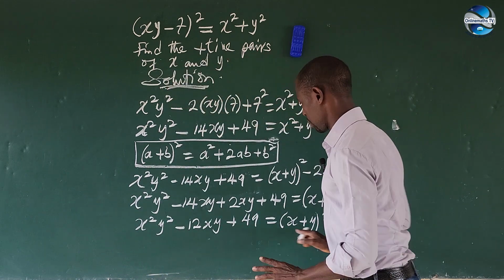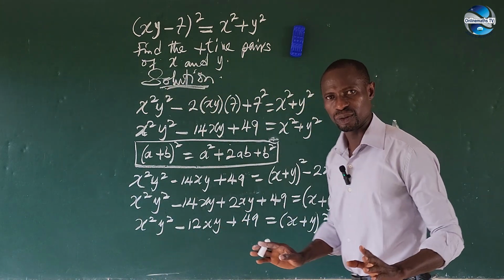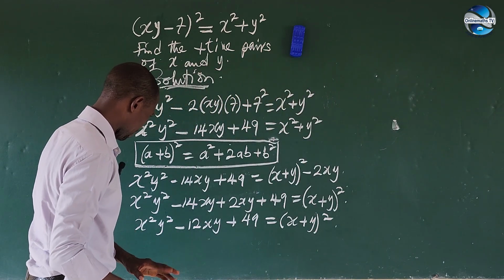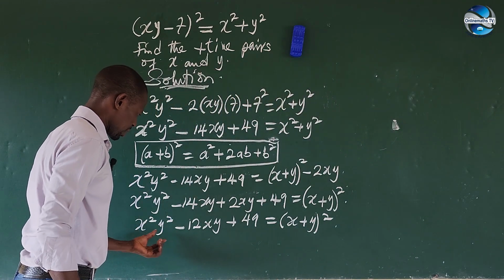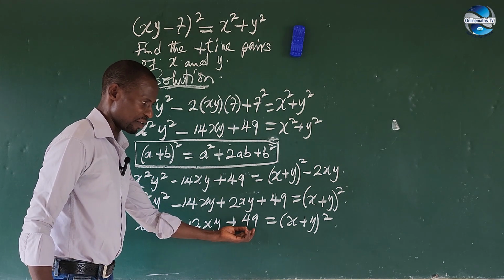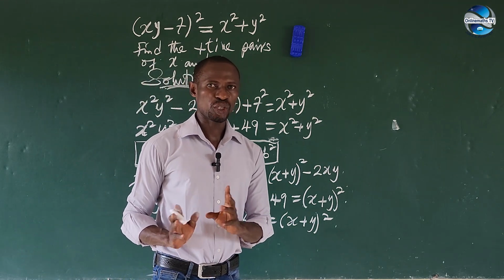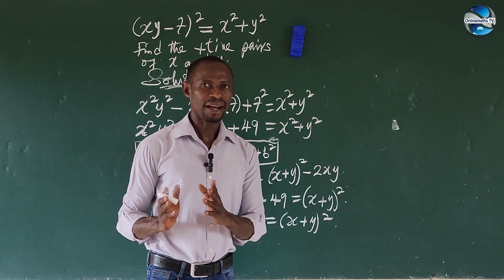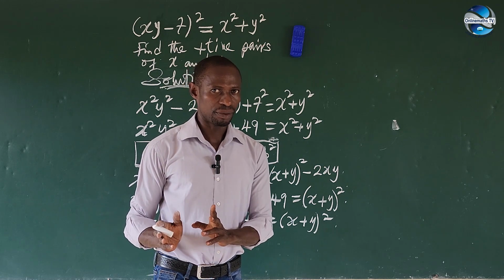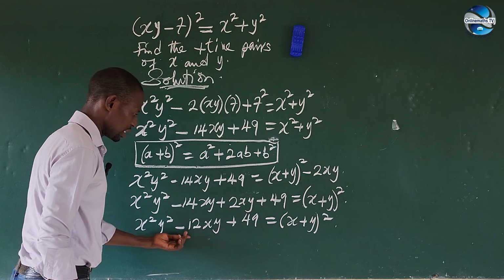Now from this expression, we're going to do something very crazy. Here we have (xy)², we have xy, and this is a perfect square. Like you normally do in the completing the square method, we find the half coefficient of this expression.